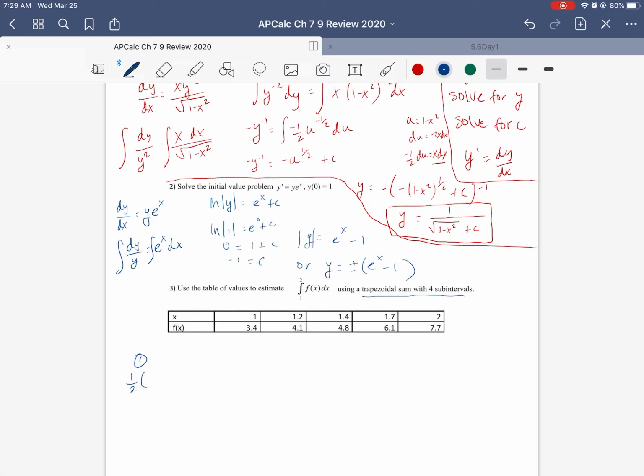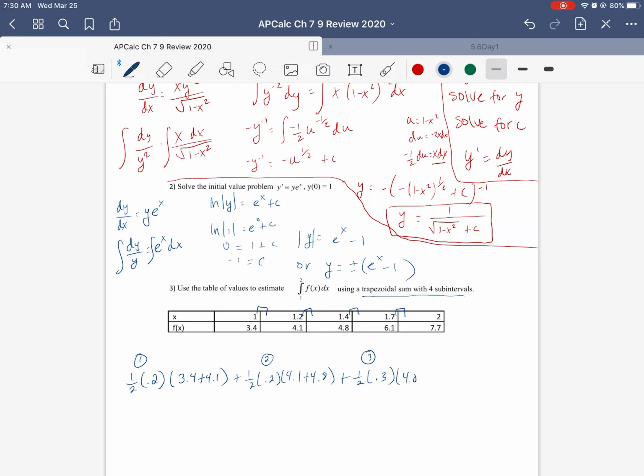So trapezoid 1: 1/2 times the height, which is your delta x, times the sum of the bases, so both of the y values, plus your second trapezoid, 1/2, 0.2 again, 4.1 plus 4.8, plus your third trapezoid.